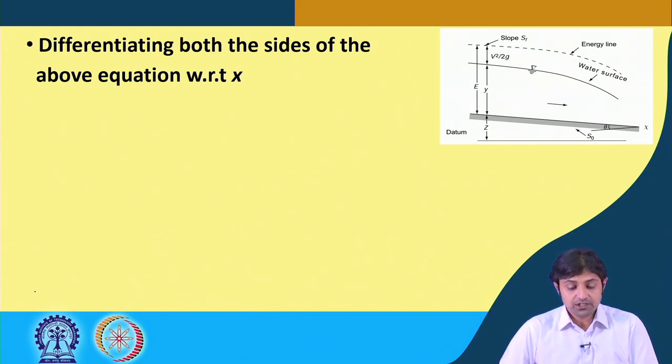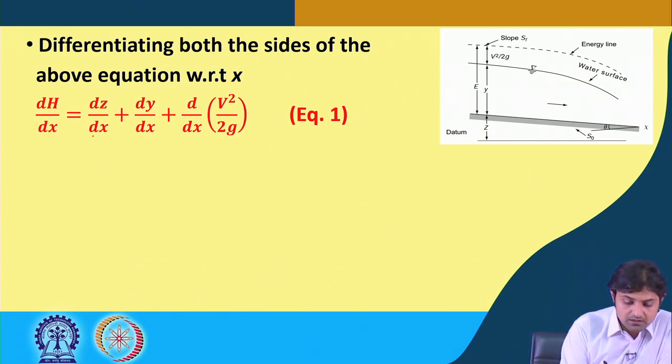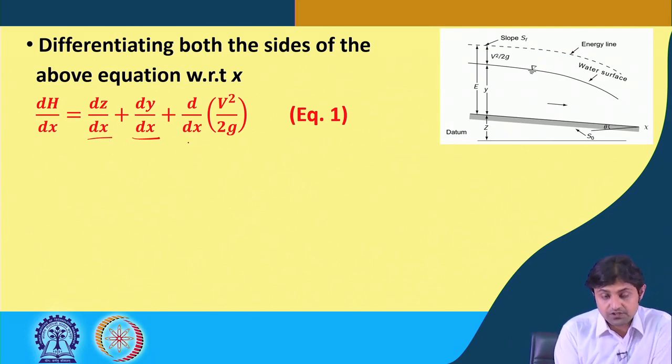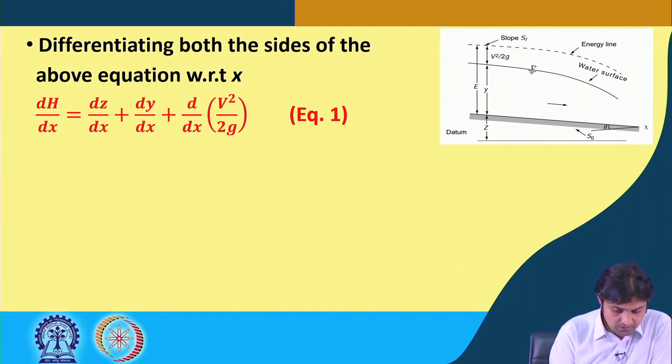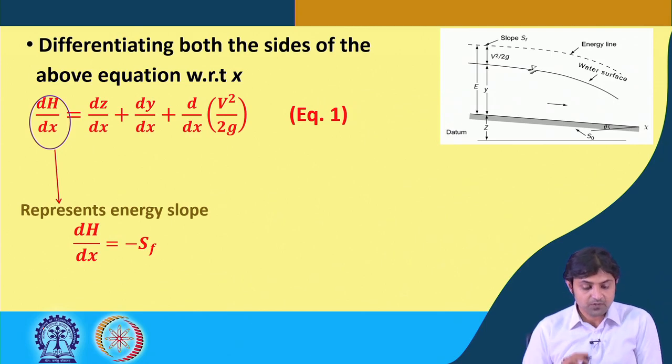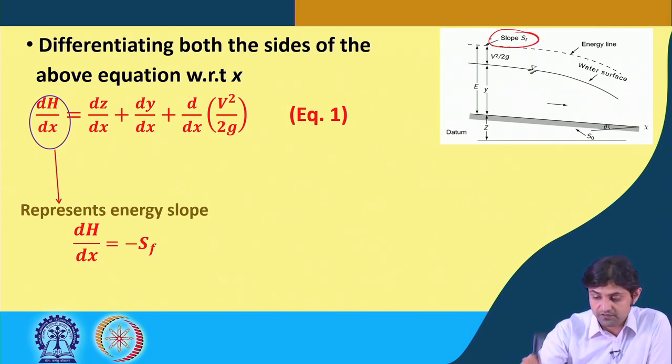Now if we differentiate both sides of the equation with respect to x, proceeding in the same way as we did in the beginning, dH by dx will be dz by dx plus dy by dx plus d by dx of V square by 2g. We call this equation number 1. Now dH by dx represents the energy slope, equal to minus SF.